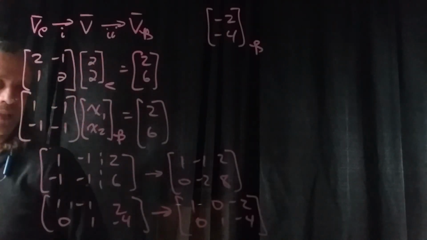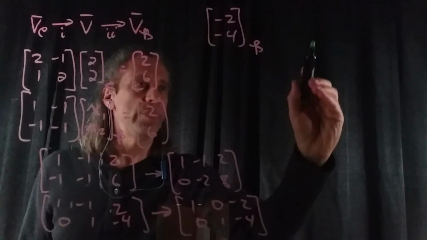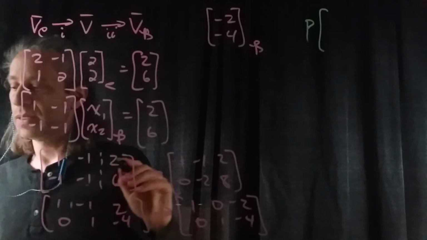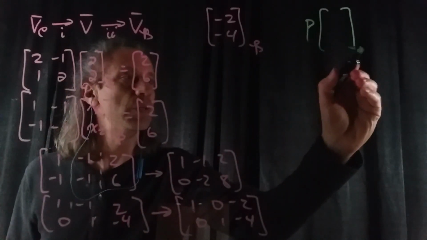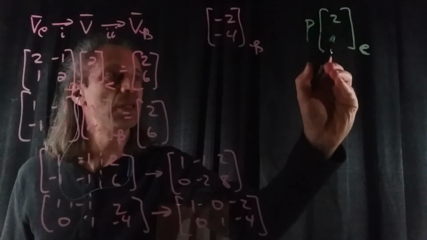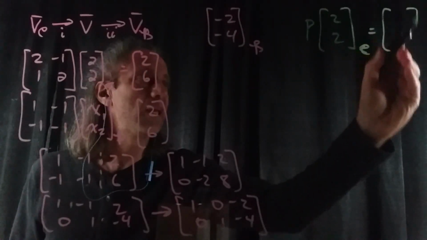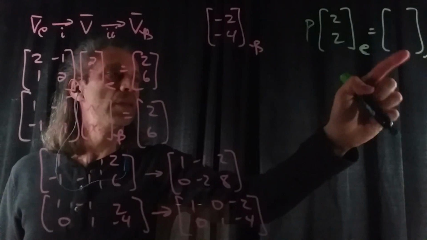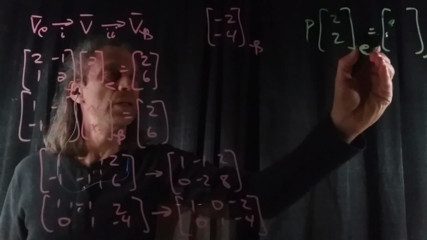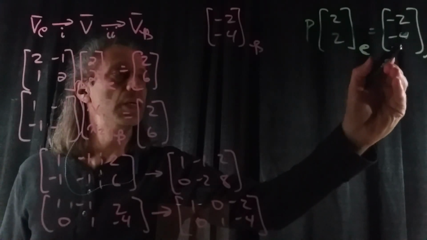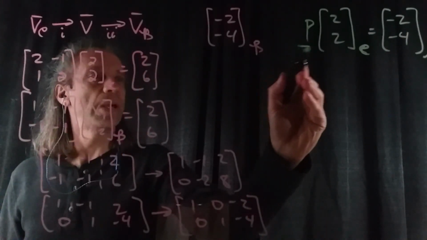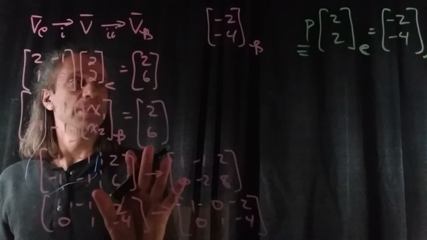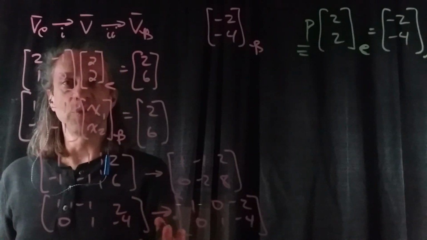Really, what this question is asking for is a matrix P that we can use to multiply the vector with respect to C, which is 2, 2, and get, as a result, the coordinates with respect to B. So this is what we're after in this particular problem, and really all the work is already right here. This is it. So we should be able to write it down without too much trouble.